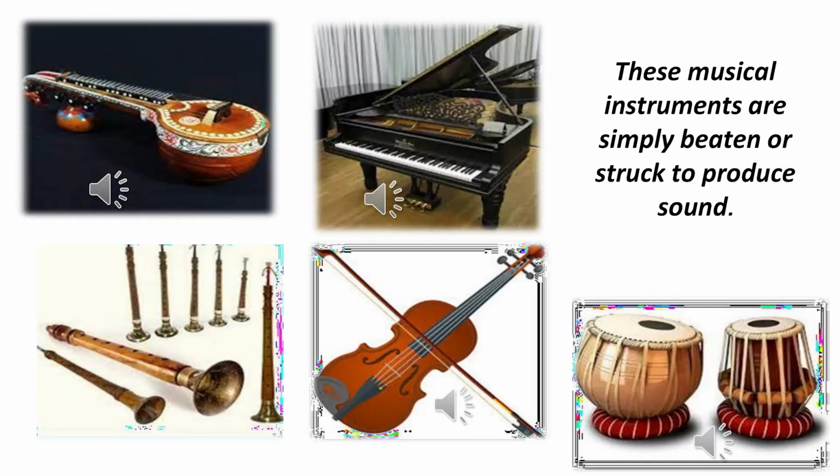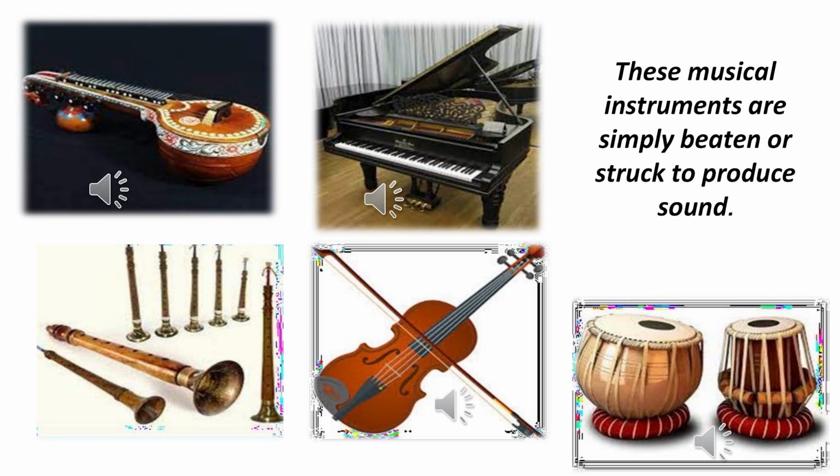Now we shall see some musical instruments. These musical instruments are simply beaten or struck to produce sound. Here a veena is there, with a stretched string. We can vibrate that stretched string, and we can hear the sound of the veena. You may observe the difference between these sounds.